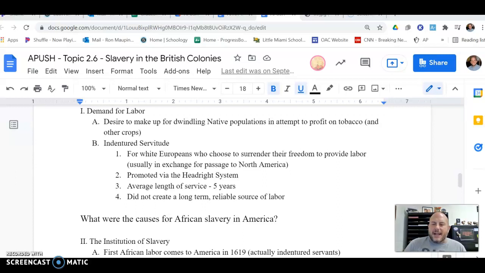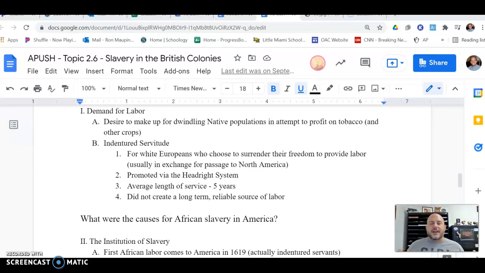One problem that these plantation owners realized is that when these white colonists that have fulfilled their contract for servitude is up, then the question becomes, well, then what?